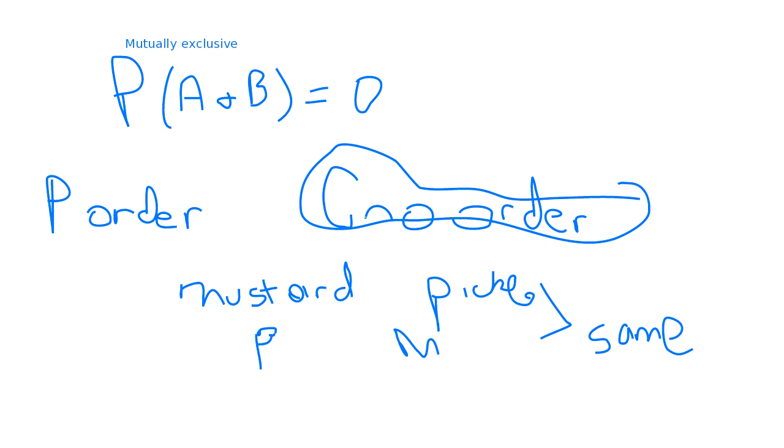An order would be, the first thing that pops into my mind is a baseball team. You have a first base player, a second base player, a third base player. You have specific positions.